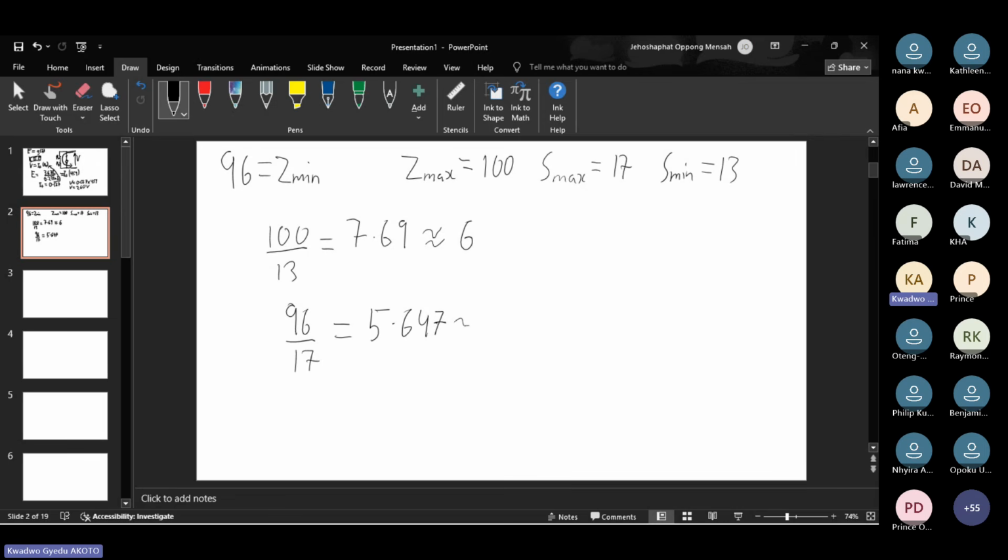With this one, too, we know we can't go below 5.647. So the next closest even number greater than 5.647 is going to be 6, right? So if we have Z on S max being 6, and then the minimum also being 6, then we conclude that we have 6 conductors per slot.